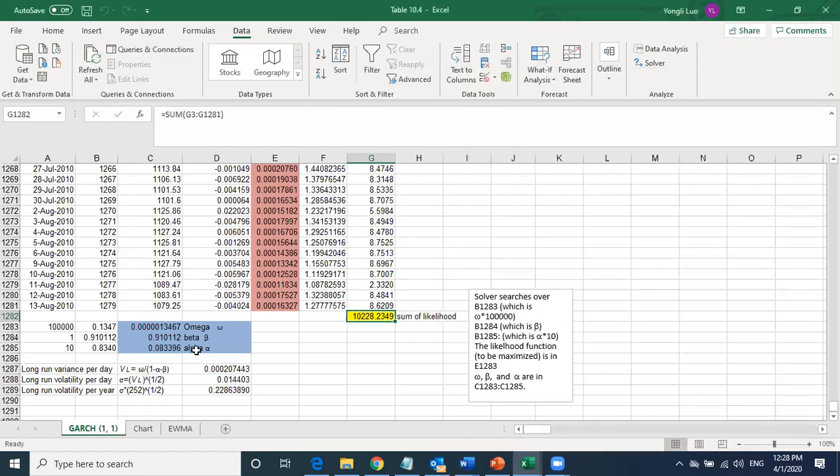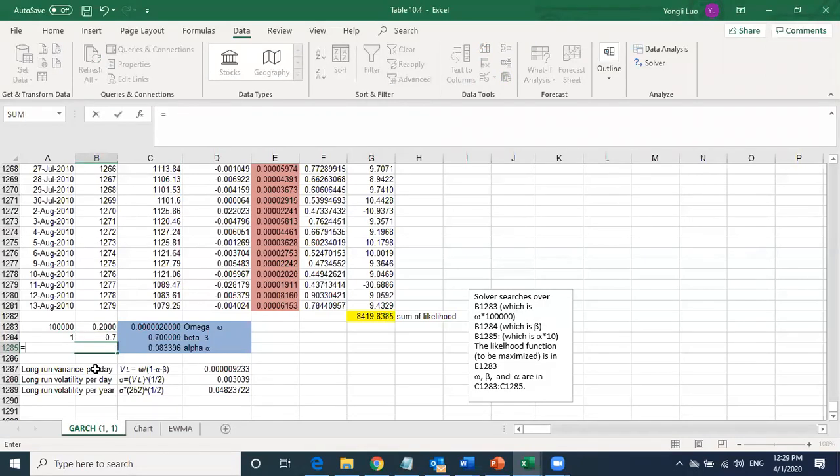Let's see how the numbers are going to change. You can set these numbers to whatever you want, like 0.2 and 0.2, and this one is 0.7. This one has to be 1 minus this one and minus this one, so remember you have to make it 100%.